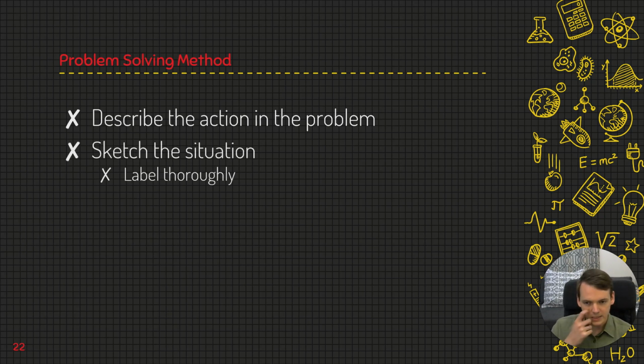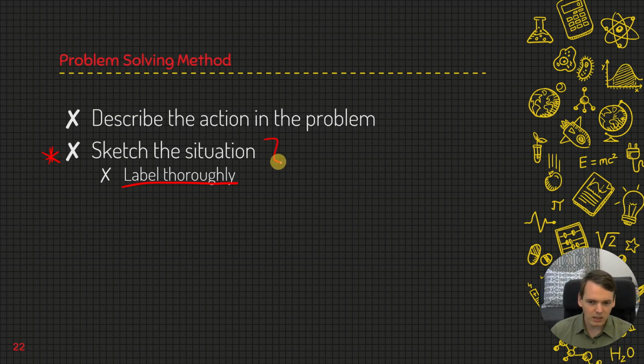And that will help you with the second step, which is to sketch the situation and label it thoroughly. I'll show you examples of this later. But this step right here is huge. If you're skipping your sketches or if you're not labeling them thoroughly, you're handicapping yourself in a huge way.